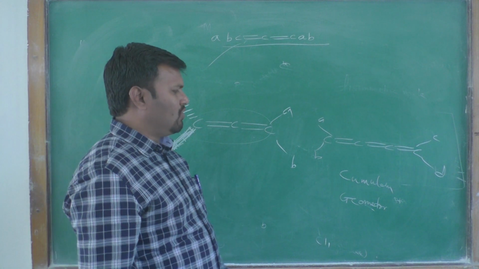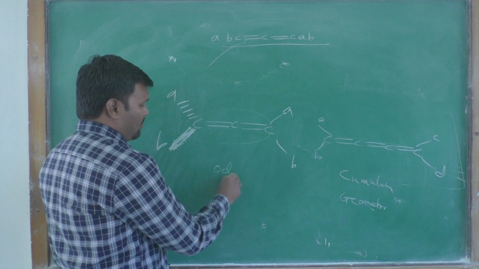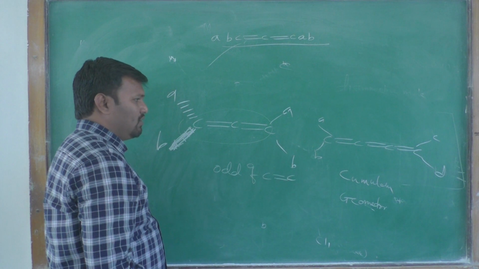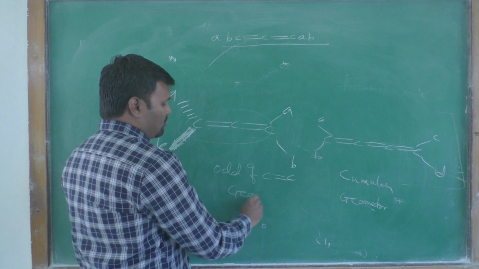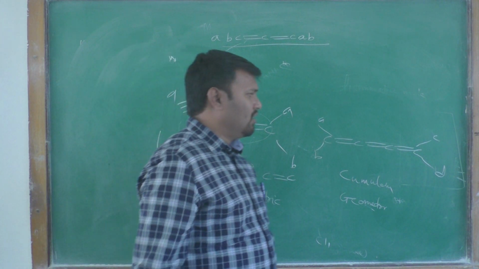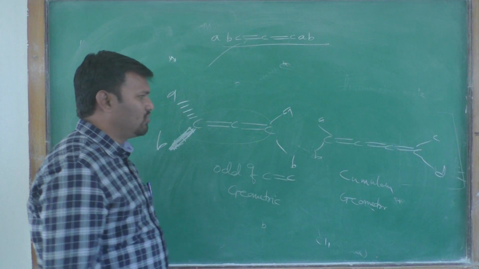Therefore, if an odd number of C double bond C is in cumulative, then it shows the geometrical isomer, when ABCD are planar. If it's not planar, it does not show the geometrical isomer.